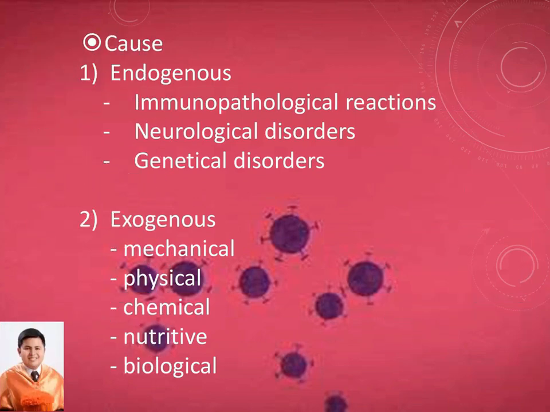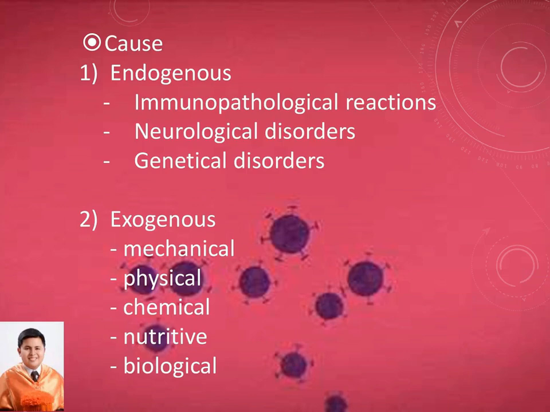To add to the table in the previous slide, the inflammatory process can be caused by either of these two classifications. Number one is of an endogenous cause. It includes immunopathological reactions, neurological disorders, and genetic disorders. Basically, when inflammation is due to an endogenous cause, it primarily results from an existing condition or disease.